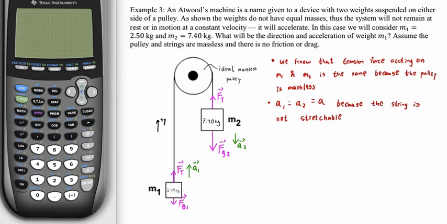Okay, so now we can go on to set up our sum of forces. What that's going to look like is we're going to have the forces on 1 and the forces on 2. These are the net forces on 1 and 2, so I'll make that clear: net 1, net 2. I'm not bothering to write x and y because obviously it's all y for both masses.